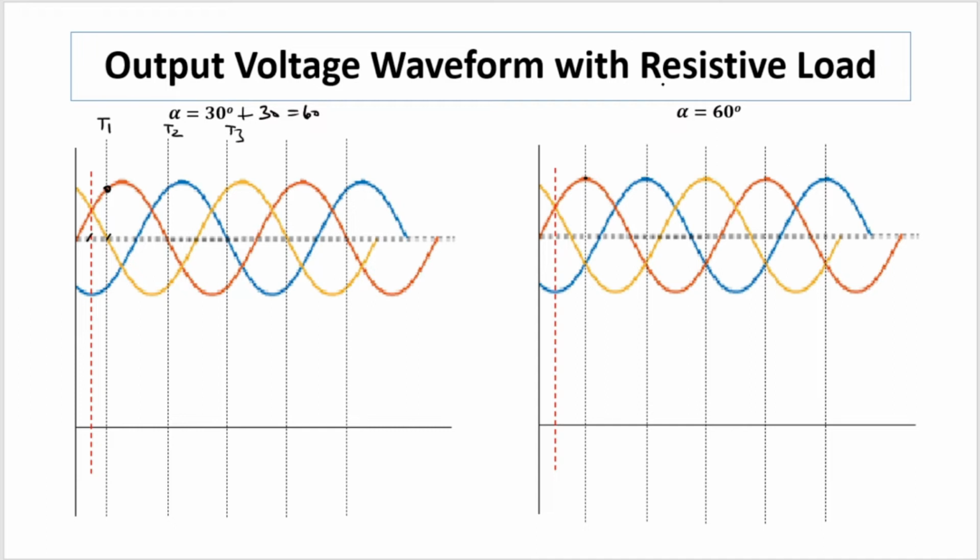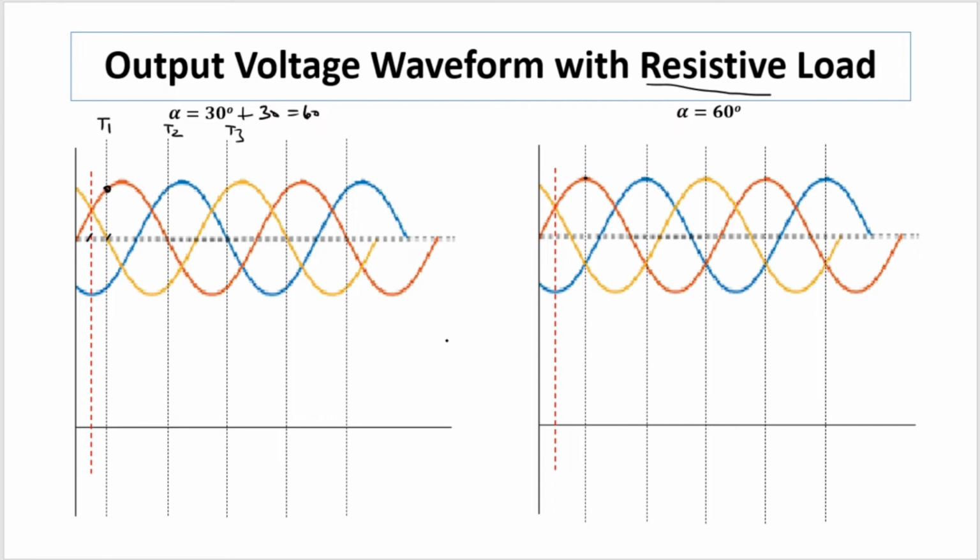Remember, the load is pure resistive, and remember one more condition: to turn on a thyristor in a controlled operation, we need forward bias voltage and a gate triggering pulse, so that sufficient latching current will be produced and the thyristor will trigger or turn on. But to turn off a thyristor, we require the condition of holding current.